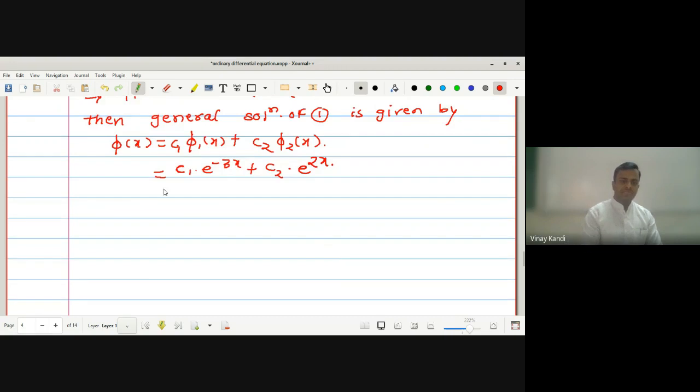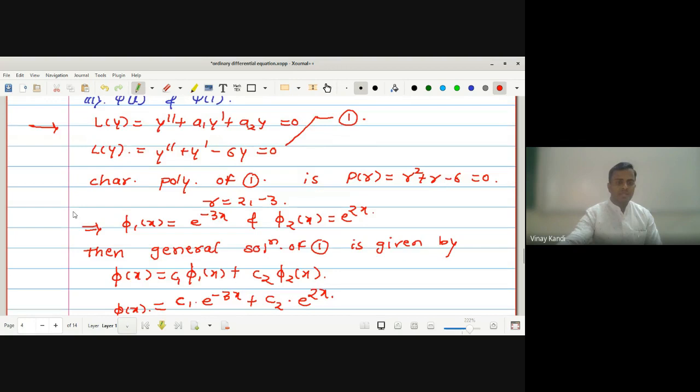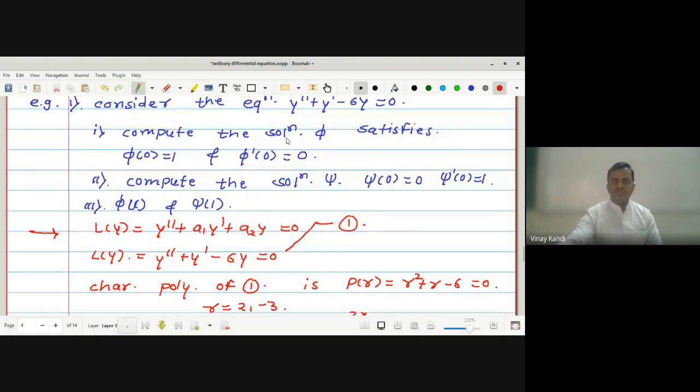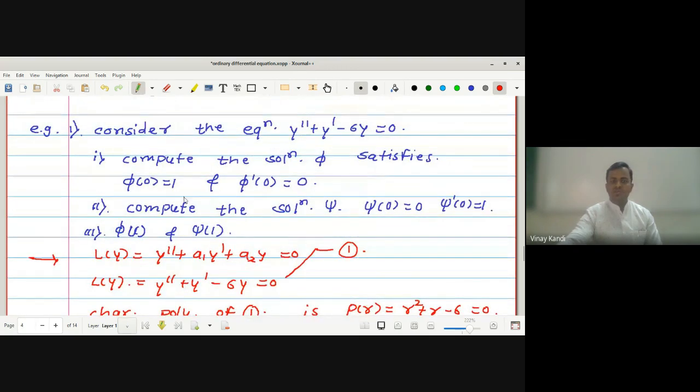This is the general solution of 1. Now, first one, what we have to find? Compute the solution phi which satisfies phi of 0 is equal to 1 and phi dash of 0 is equal to 0.